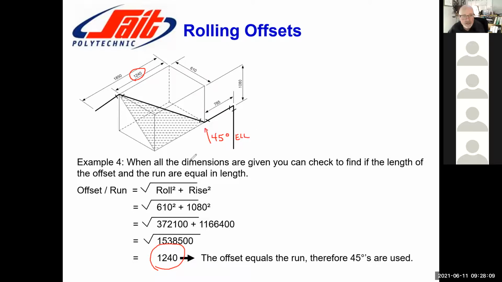That's one way to determine if you actually are using 45s. And it appears that we are. So now we can simply multiply that by 1.414 to get our travel right there.